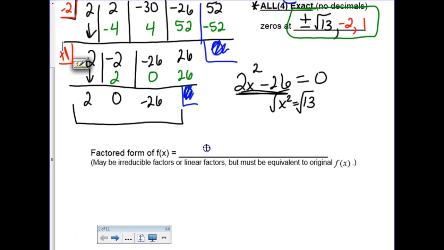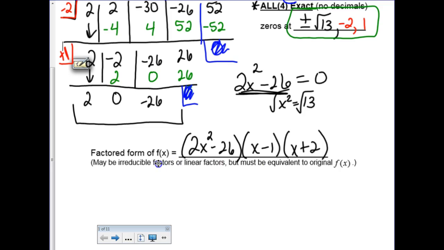That was the remaining piece. So if you want to call that a factor right now, I would accept that. So if you called this factor 2x squared minus 26, I'm okay with that. Now the other factors come from the zeros that we stole from the calculator. So a 0 at 1 would be a factor of x minus 1. And then a 0 at negative 2 would be a factor of x plus 2.